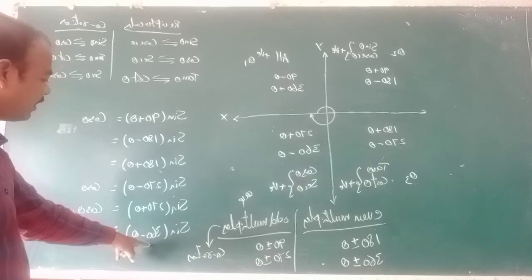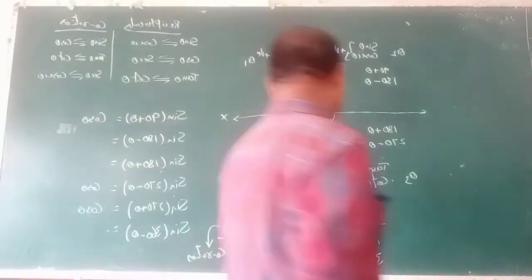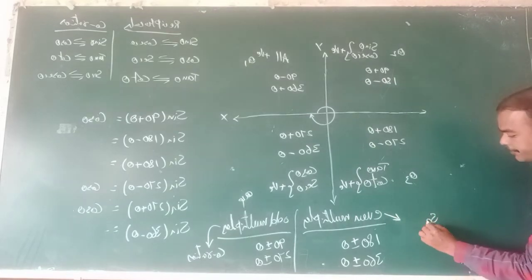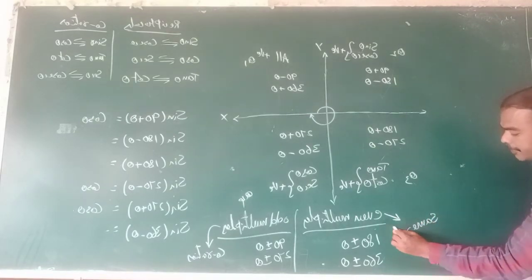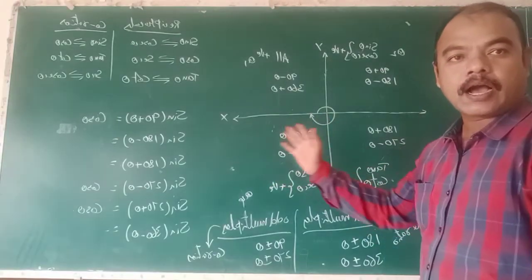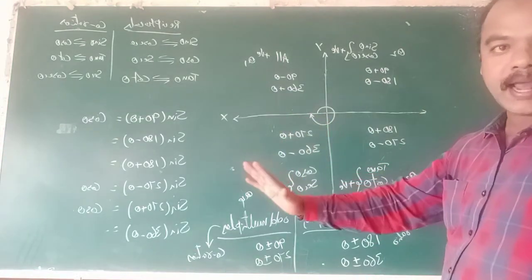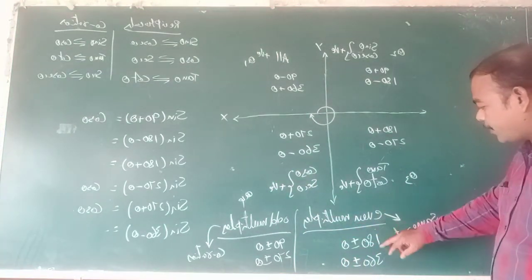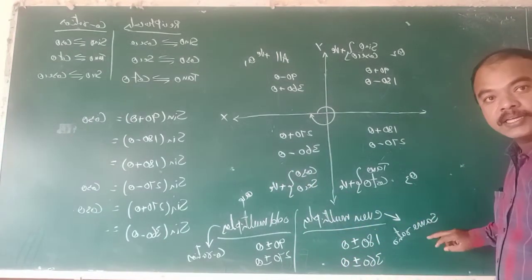But this one is even. Wherever even multiples, we take the same ratio. Same ratio means sine becomes sine, cos becomes cos, tan becomes tan, cot becomes cot.